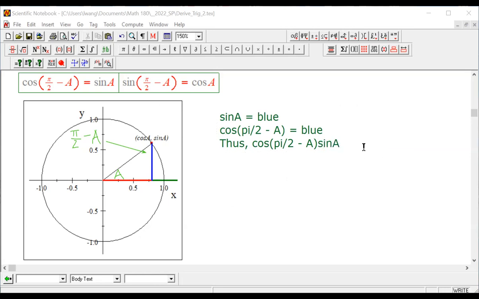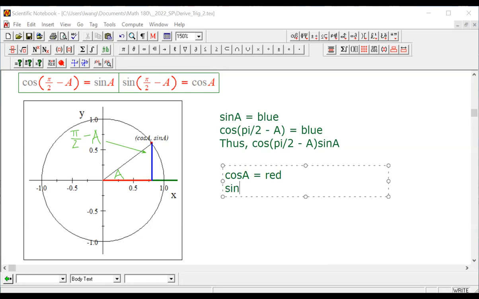For the same reason, on the second piece, cosine A is the red piece, right? And sine of pi over 2 minus A, which is this angle, is the opposite over the hypotenuse.